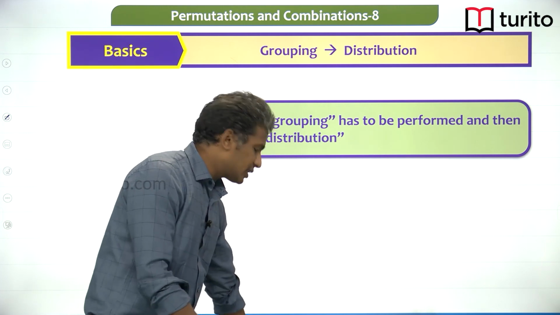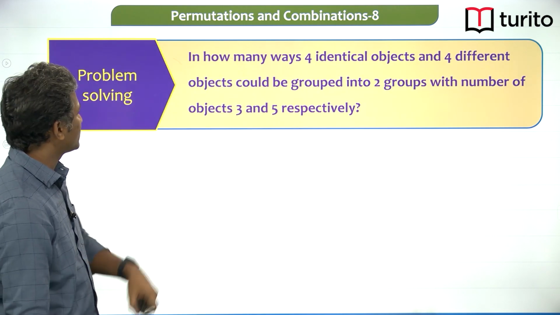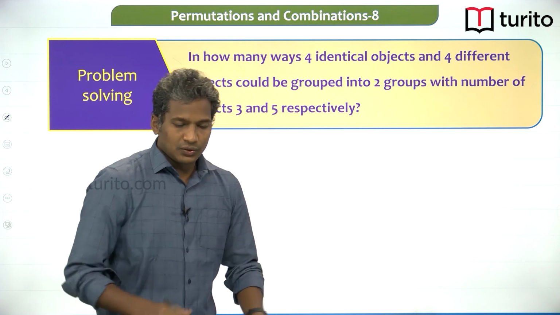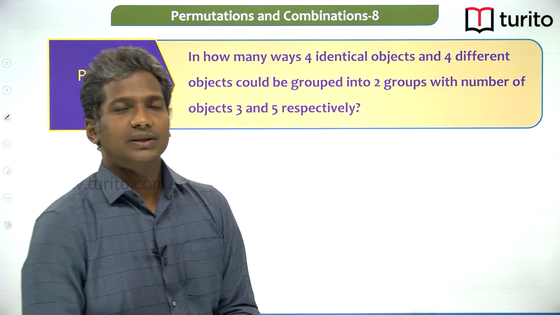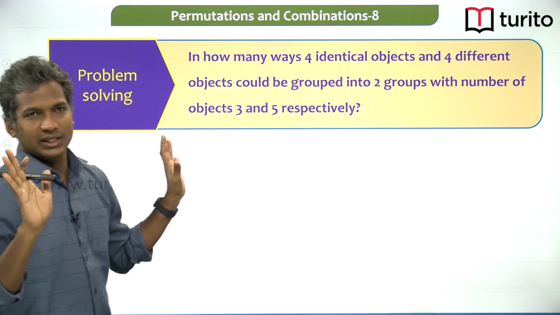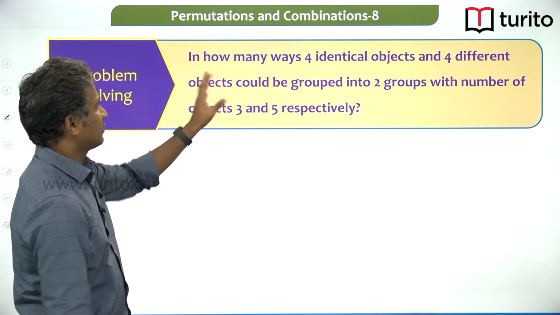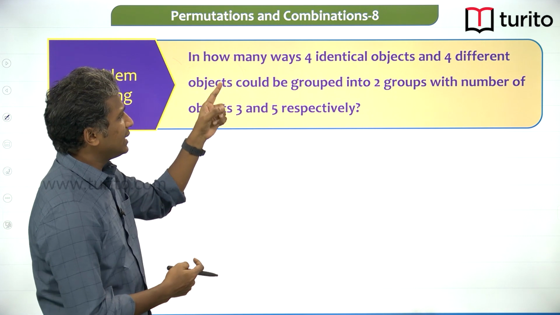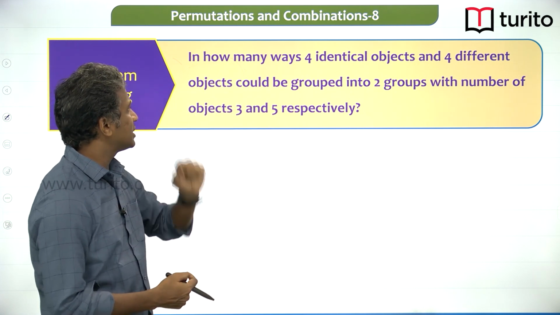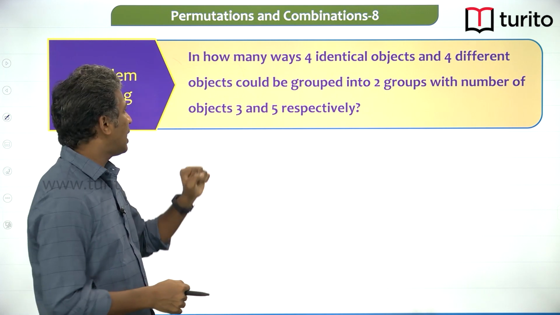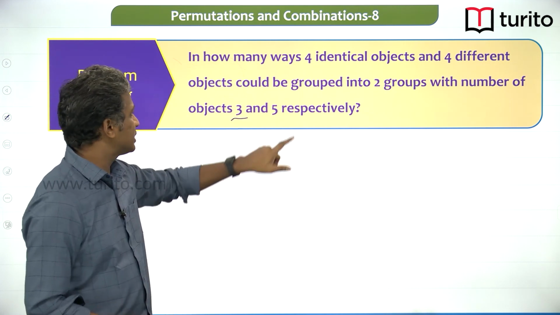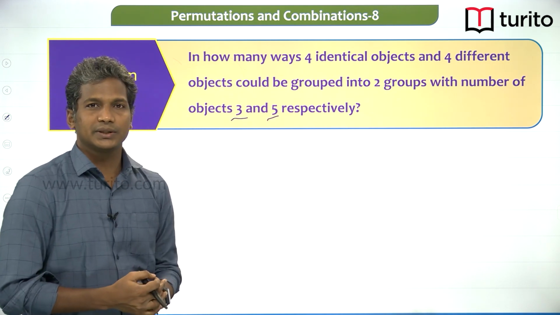Okay. So, now let us go to solving process. So, in today's lecture we are going to solve at least 3 problems based on the ideas that we have discussed till now. Okay. So, this is our first question. 4 identical objects, 4 different objects want to be grouped into 2 groups, and in one group there are 3 objects, in other group there are 5 objects.